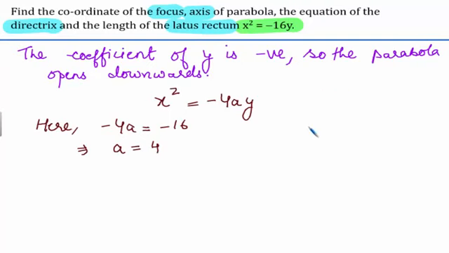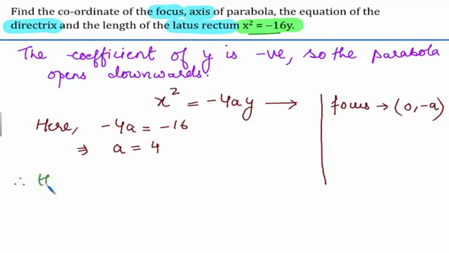Now, we know that for this parabola, the focus has coordinates 0, minus a. Therefore, for the given parabola, the focus is 0, minus 4.